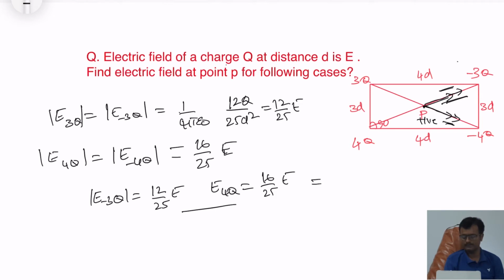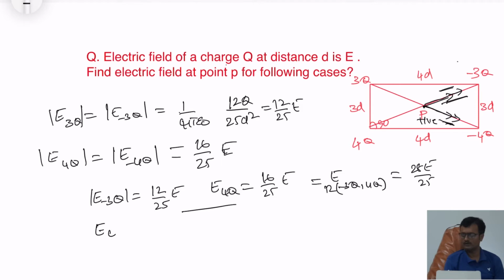So the resultant of minus 3Q and 4Q is the sum of 12 by 25 E and 16 E by 25. The denominators are the same, so 12E plus 16E is 28E, giving 28E by 25.